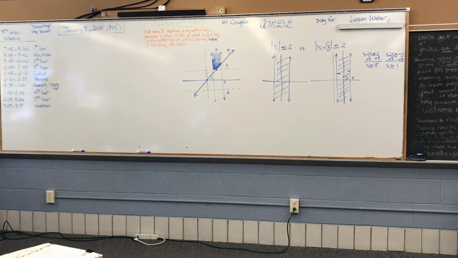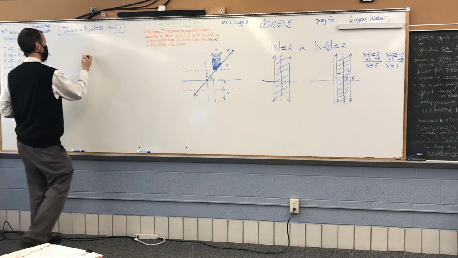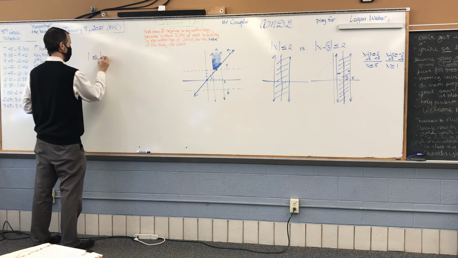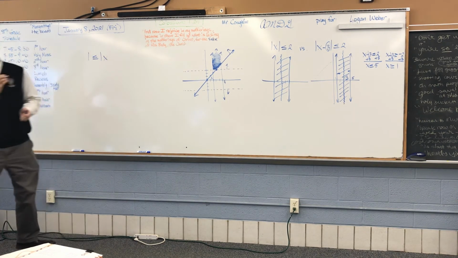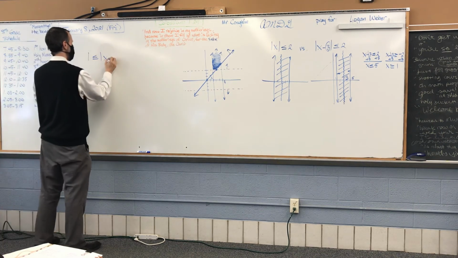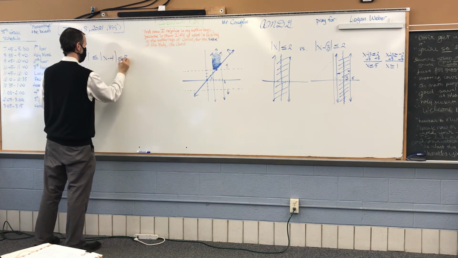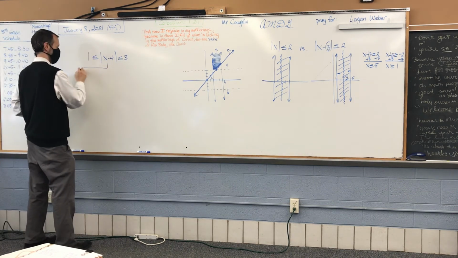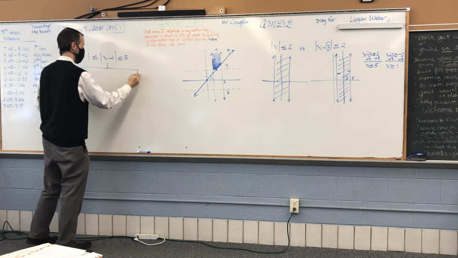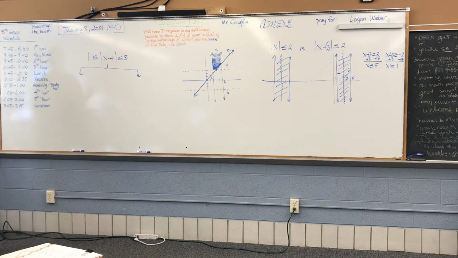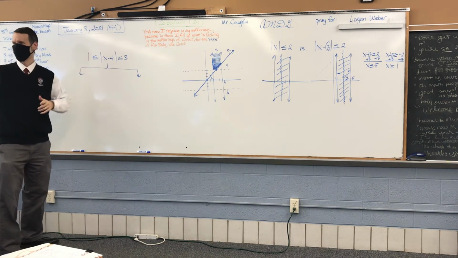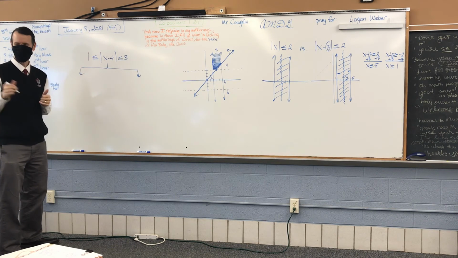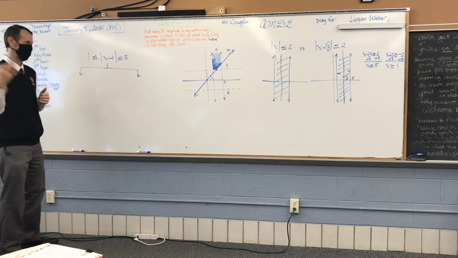I'll show you the top one. 1 is less than or equal to absolute value of x minus 4, and then less than or equal to 3. Here's how you would split it. This does not have 2 sides. It has 3. So you can do anything you want as long as you do it to all 3 sides.